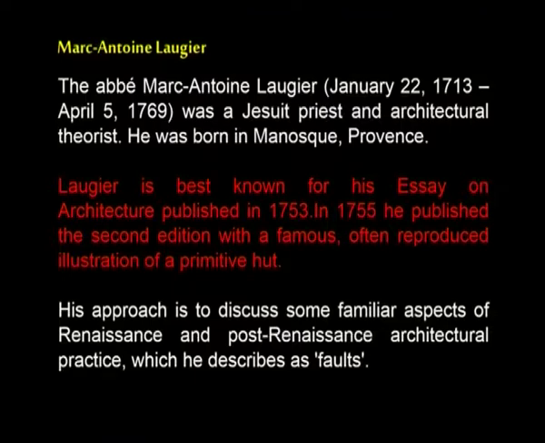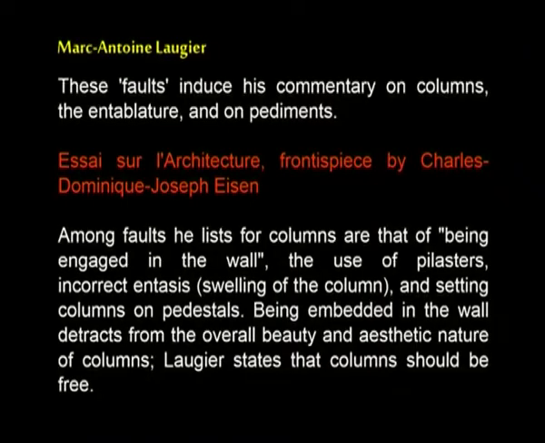His approach is to discuss some familiar aspects of Renaissance and post-Renaissance architectural practice, which he describes as faults. These faults inform his commentary on columns, the entablature and pediments. Essai sur l'architecture, frontispiece by Charles Dominique Joseph Eisen.